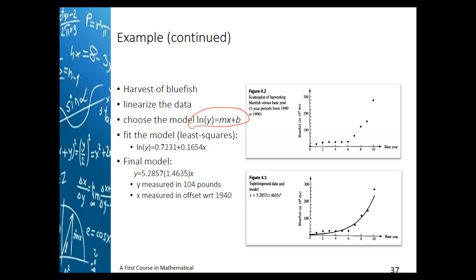So your y now, your blue fin, is in terms of ln y, and since it is linear, you just equate it to mx plus b. Then you utilize the values of your data set and plug in the information, as we revisited in part 2, and then you fit the model. This is what you get.